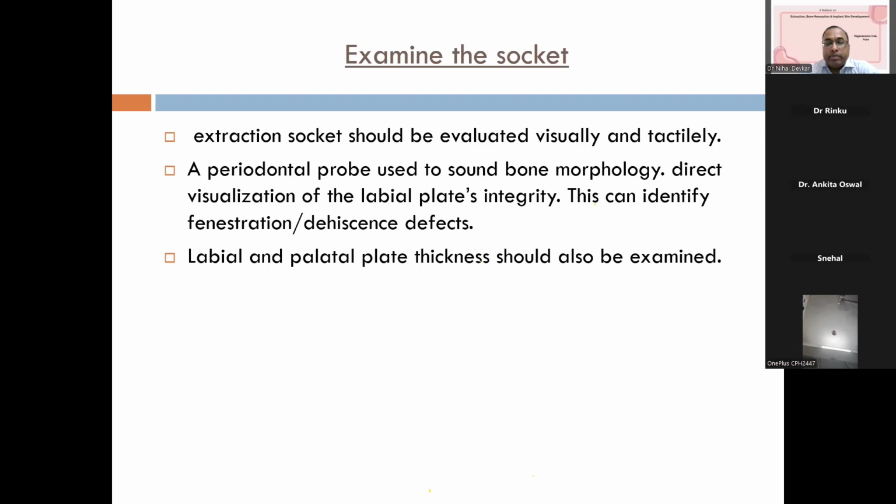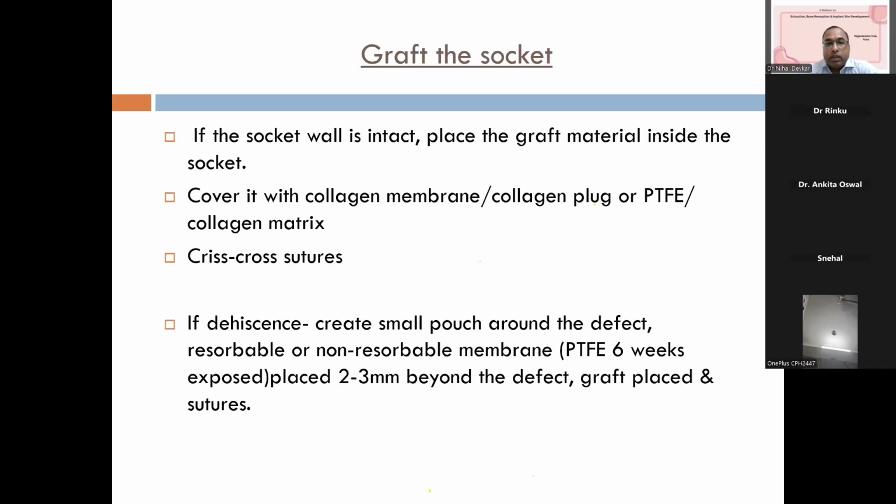This can identify any fenestration or dehiscence defects inside the socket. You can also check the labial and palatal plate thickness, whether it is adequate or not. Research has shown that a thickness of 1.8 millimeters is a critical thickness. Ideally, anything less than that, you should be grafting or augmenting. The next procedure is using the biomaterial or the graft.